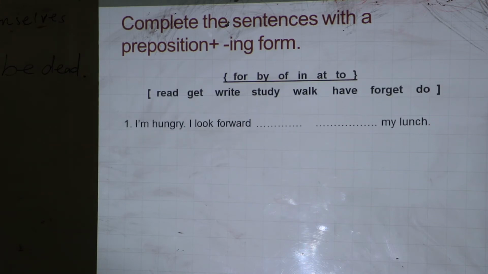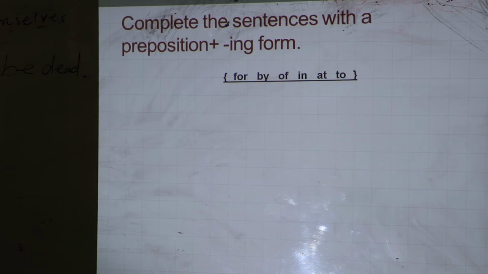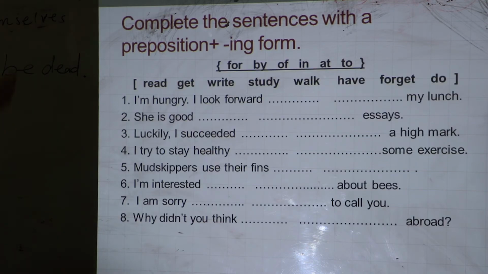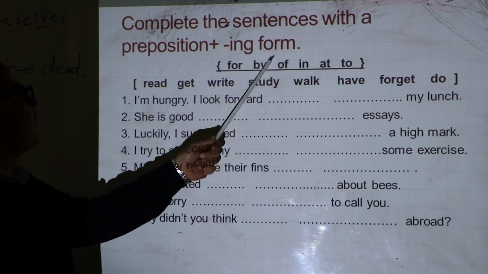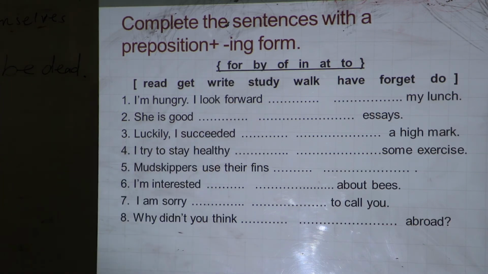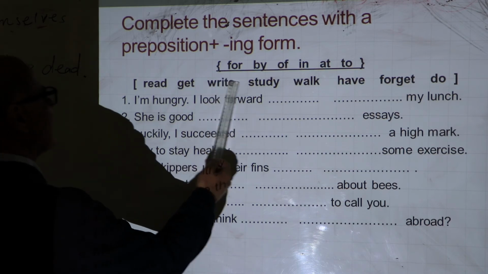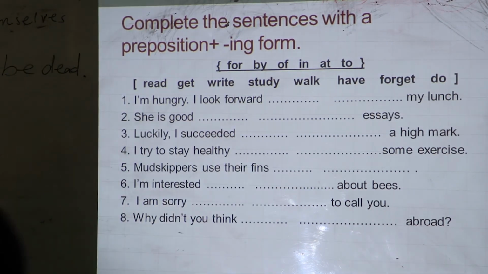Look at these sentences. Have a look at these 8 sentences. We are going to fill in the spaces with a preposition from the first group and a verb plus ing in the second one.